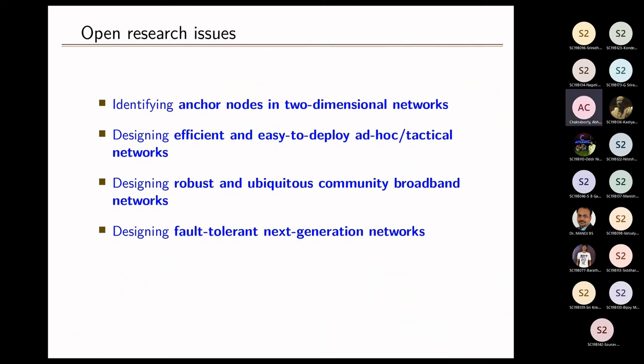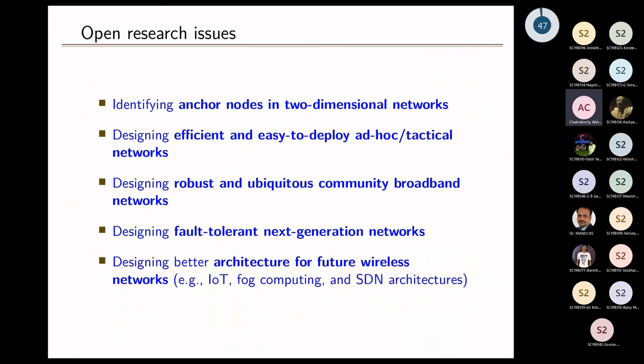And the main problem will be to add multiple such virtual functions in a chain to create a particular end-to-end service. So if we can know some particular anchor nodes or some critical point in a network, we can manage the way those particular functions can be deployed.